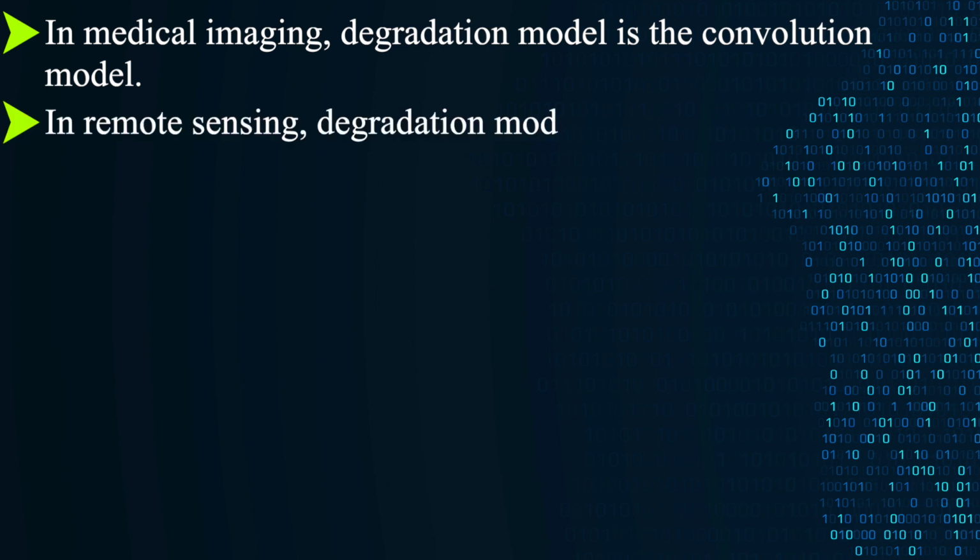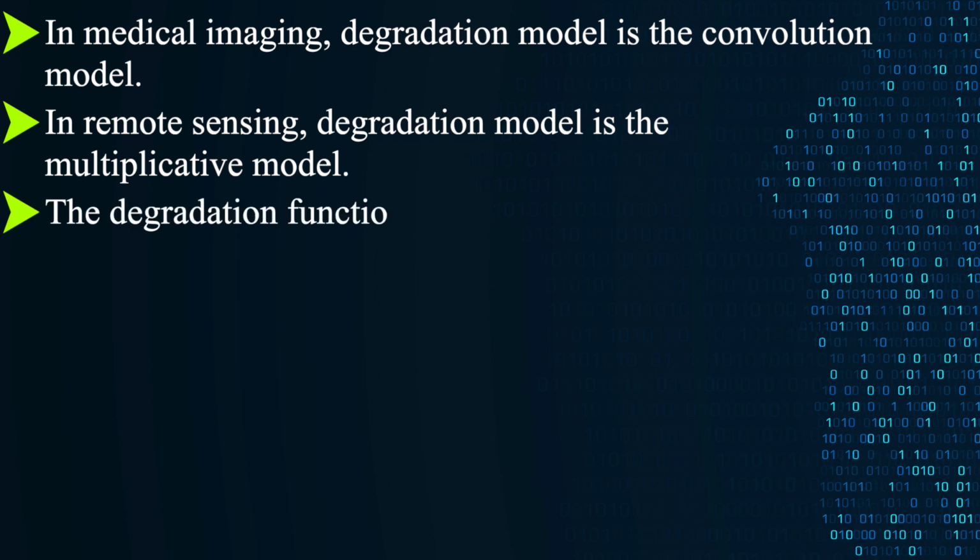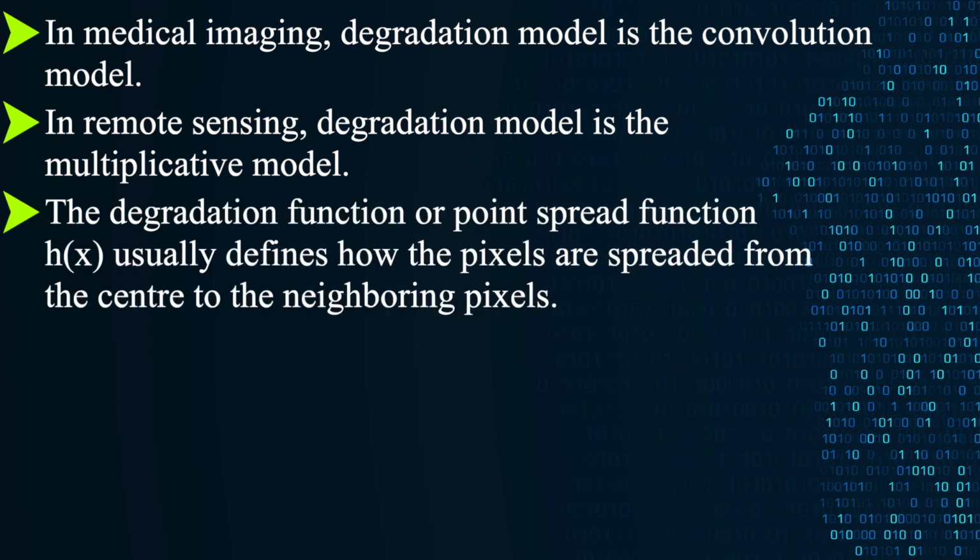In remote sensing applications, a common degradation model is the multiplicative model. The degradation function or point spread function, let us say h(x), usually defines how the pixels are spread from the center to the neighboring pixels. Therefore, it is also called the point spread function.